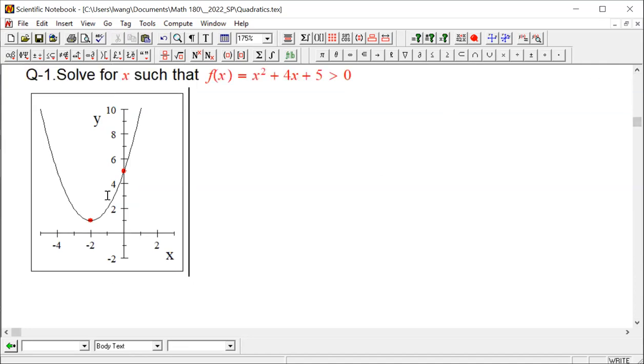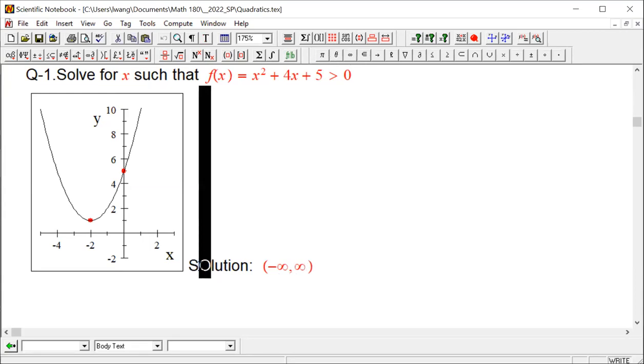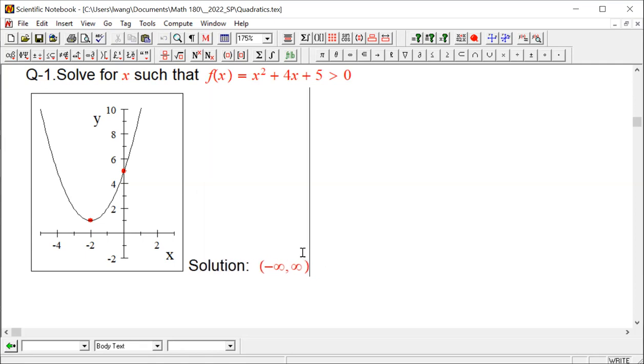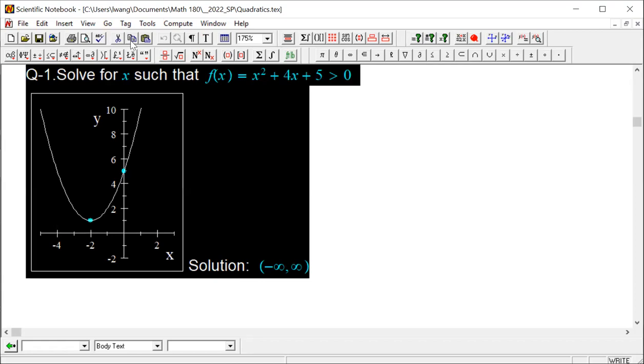What does that mean? Every output is positive. So what is the solution? The solution is all real numbers, from -infinity to +infinity. The entire curve is above the x-axis.